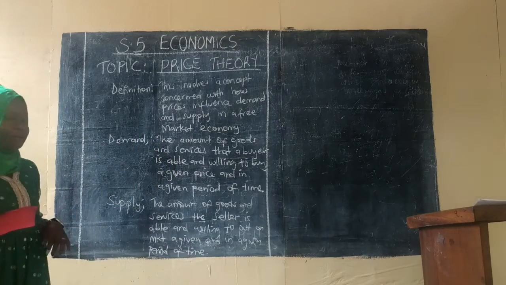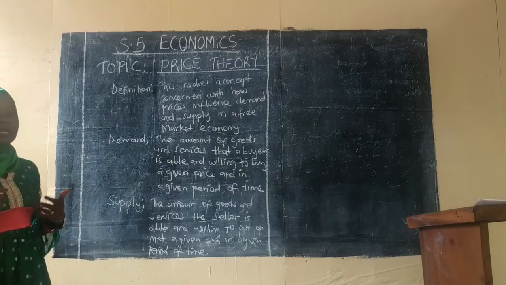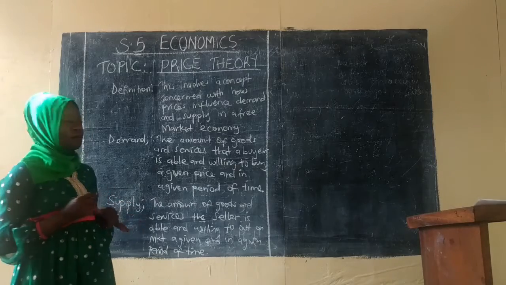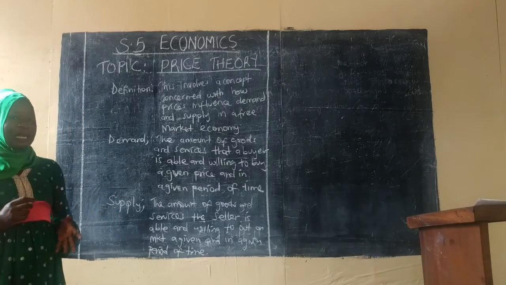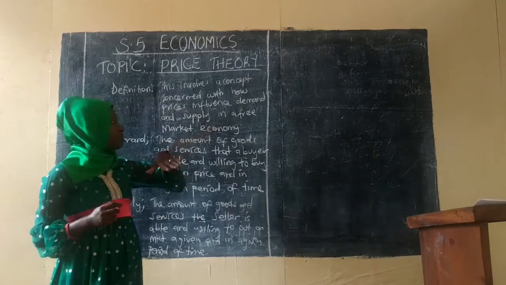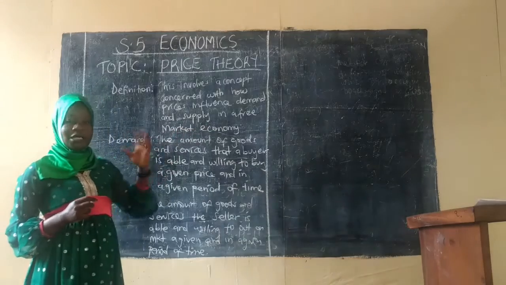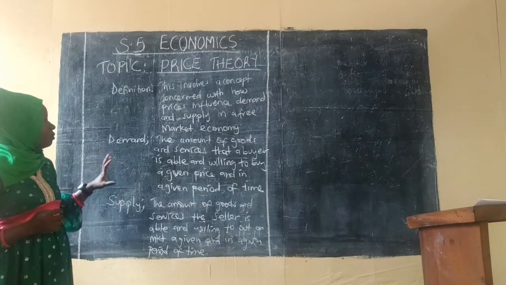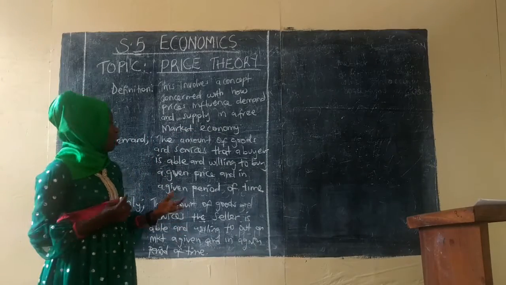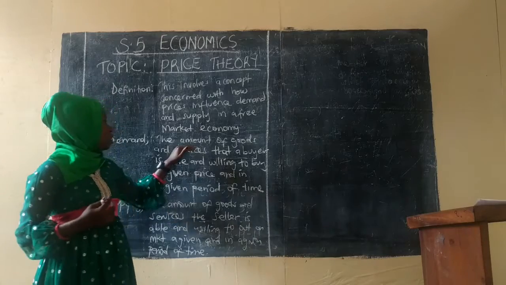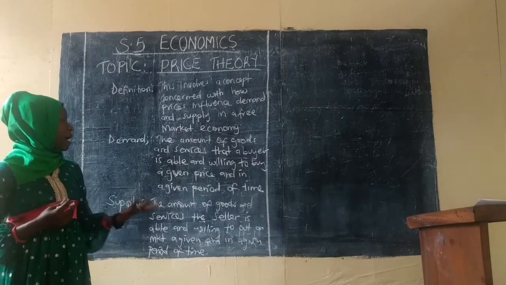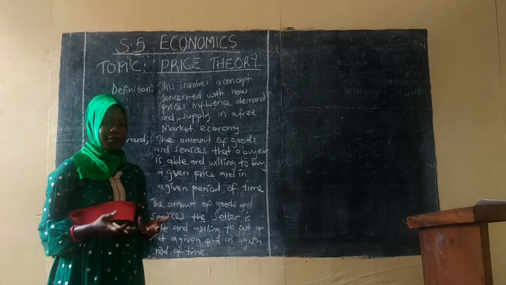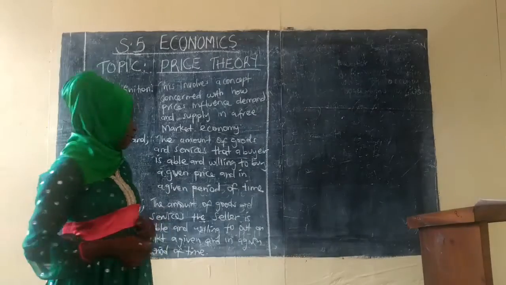So those are our three key terms. Number one, the price theory is simply analyzing how prices affect or influence the demand and supply in a free market economy. Then with demand, we are looking at the amount of goods and services that a buyer is able and willing to buy at a given price and in a given period of time.